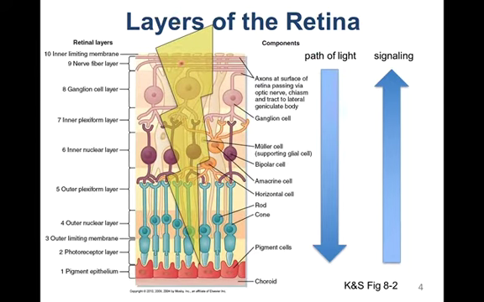The path of light. Light actually bypasses the cells, the retinal ganglion cells that it will ultimately excite, and it goes all the way to the back of the retina, where it first excites the photoreceptors, then the bipolar cells, and then the retinal ganglion cells. So the path of light is going in one direction, and the path of signaling is going in the other.